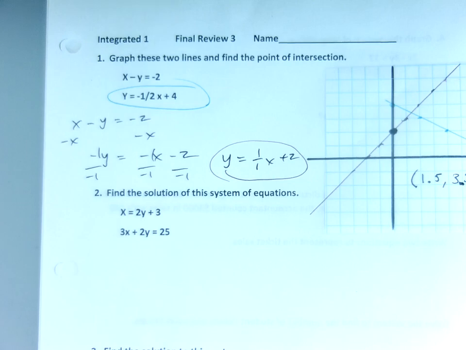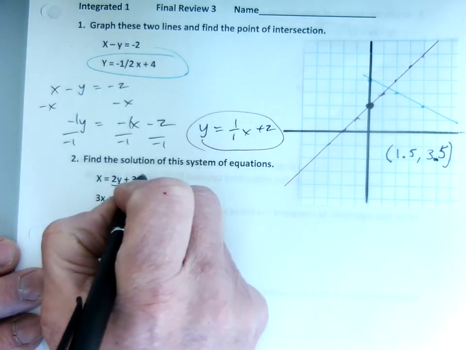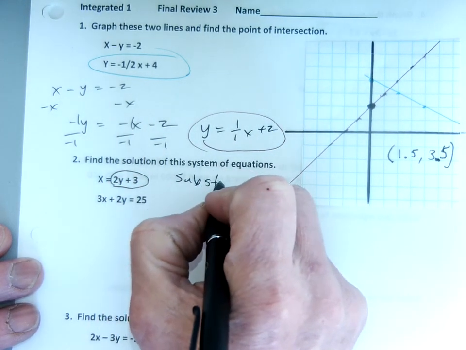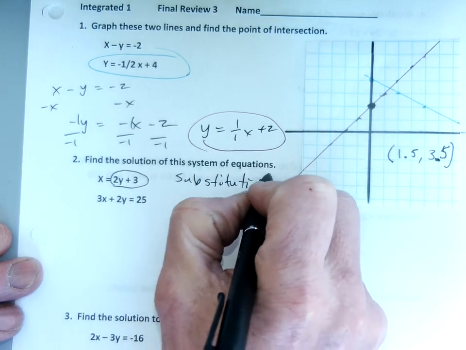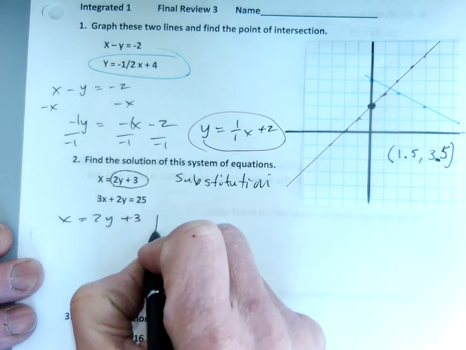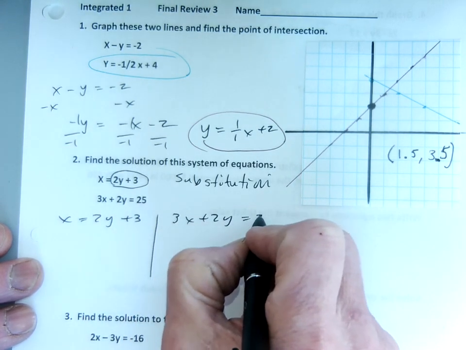So number 2, we look at question number 2, and it is done a different way, okay. So I'm going to do substitution because I know what x is. So I'll have x equals 2y plus 3, and I'm going to have 3x plus 2y equals 25.